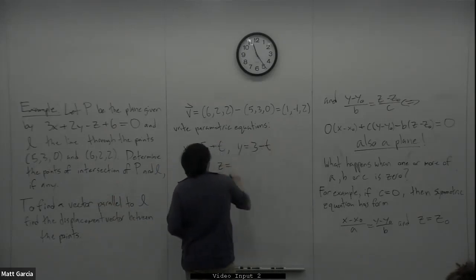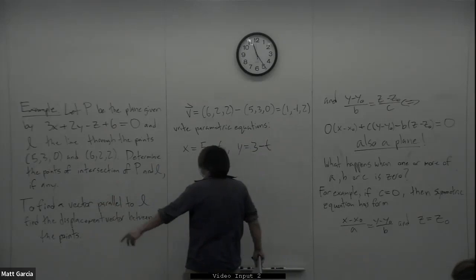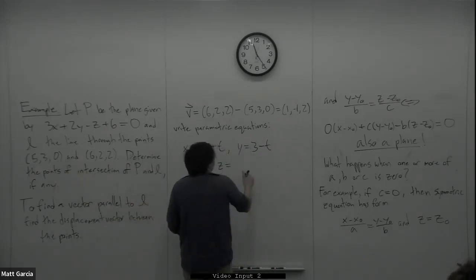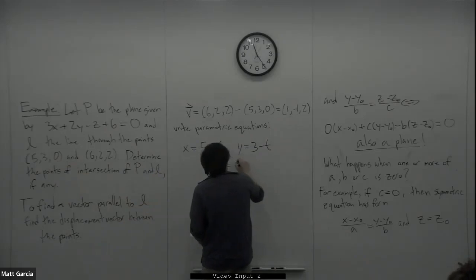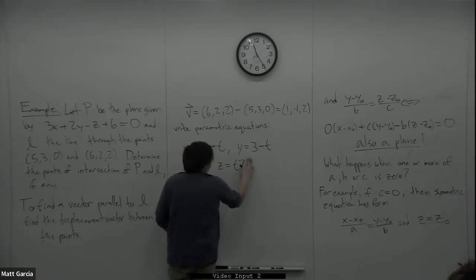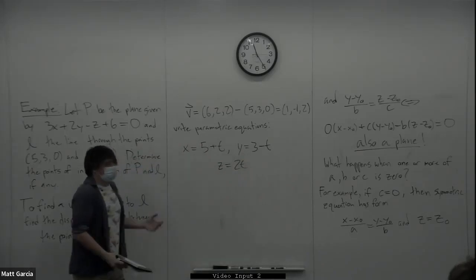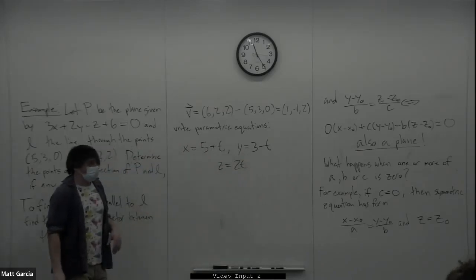And z is equal to my z component, which is 0, plus t times 2. I don't like this. I have been writing t times a constant, but let's put the 2 out in front just to make it a standard looking coefficient.